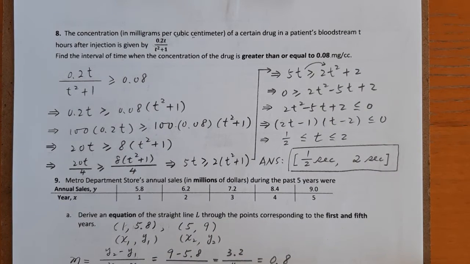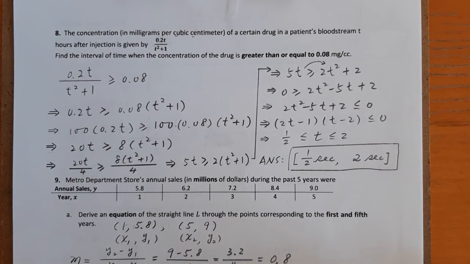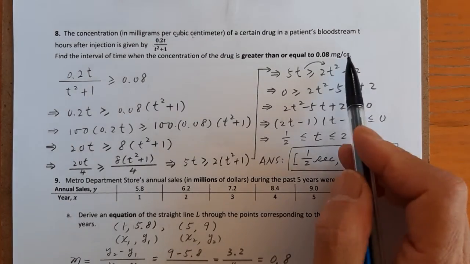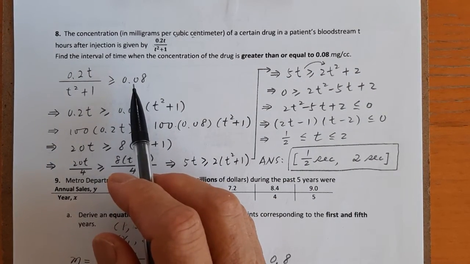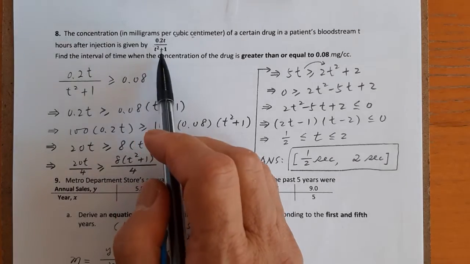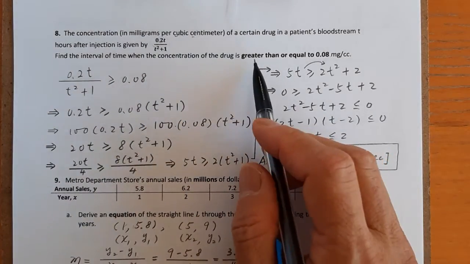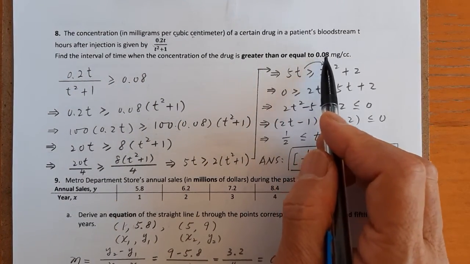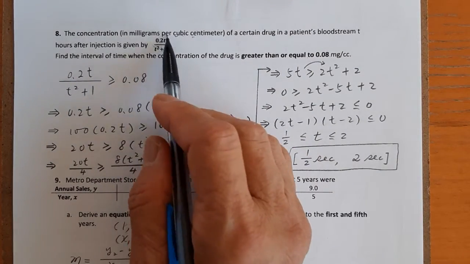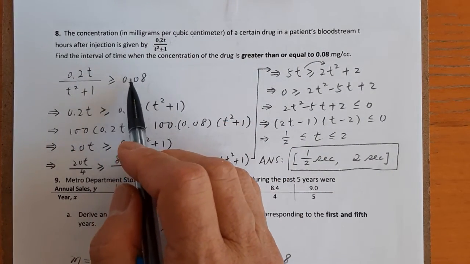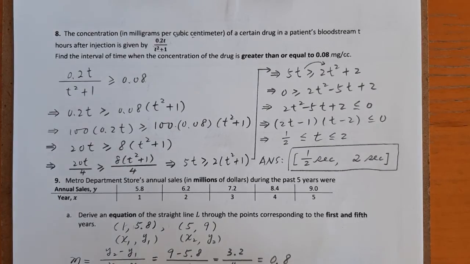So this concentration has to be greater than or equal to 0.08. You let this be greater than or equal to 0.08 and solve for t.